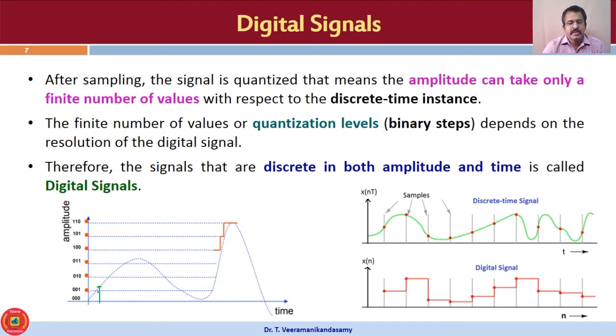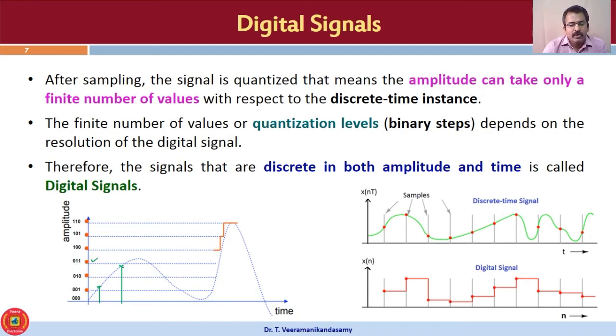By using truncation and round off, the actual value will be adjusted to the nearest quantization level, so your value will be 001. Then if you consider the second sample, its amplitude is nearest to this quantization level, 011, so it will be adjusted to 011, and the digital value for that sample will be 011.